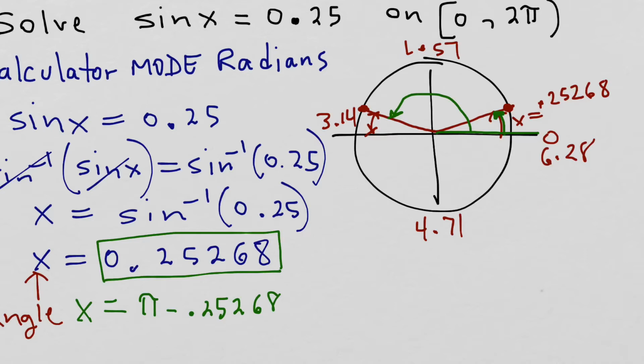So that's 3.14 minus 0.25268. So that's equal to approximately 2.8889 radians. All right, so there are going to be two angles that have that sine equal to 0.25 that we're looking for. In the first and the second quadrant, you will have an angle that fits the bill.